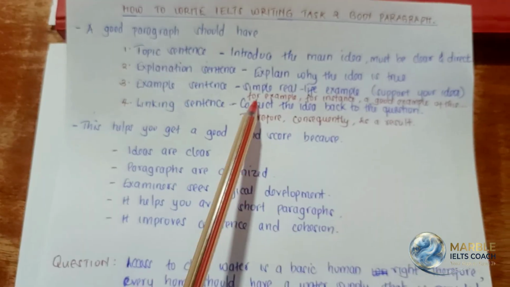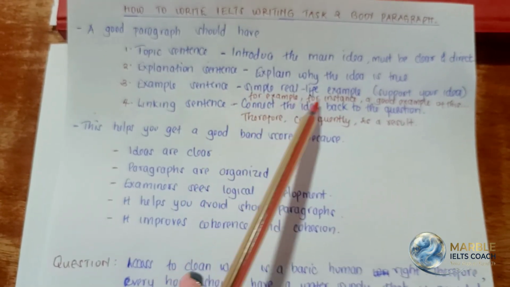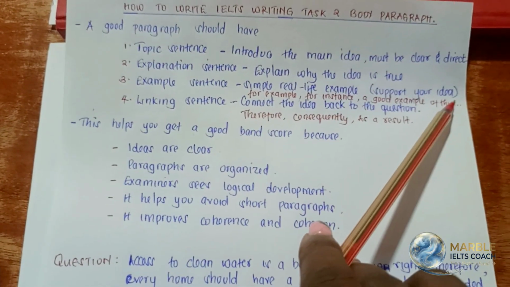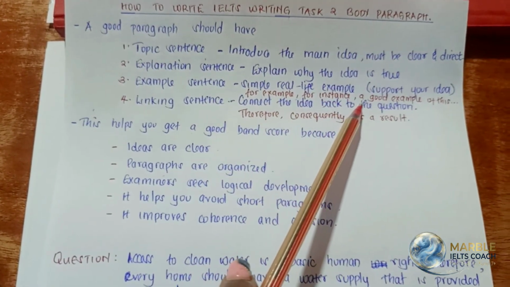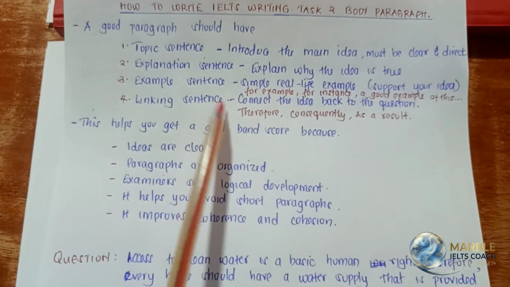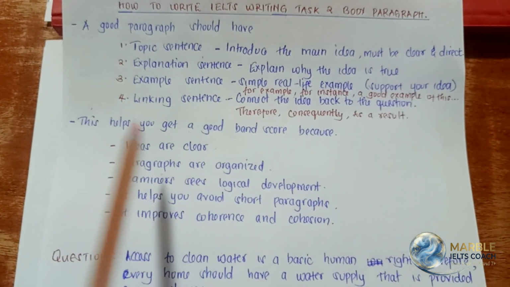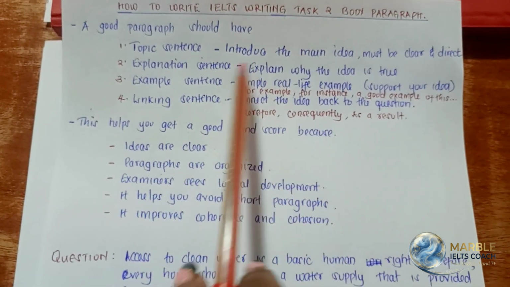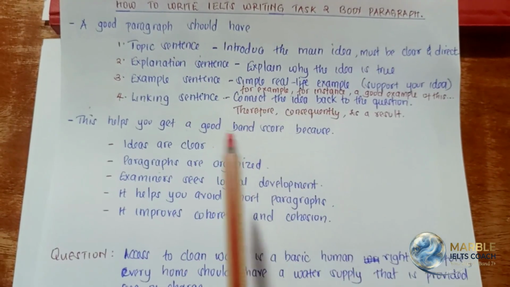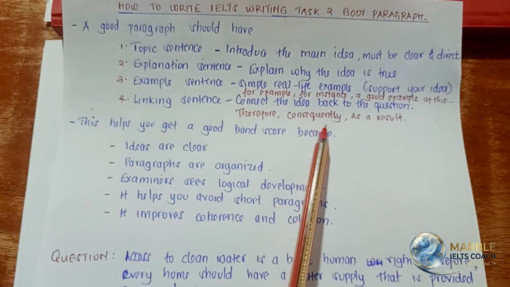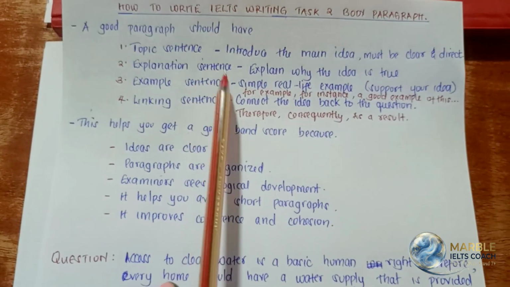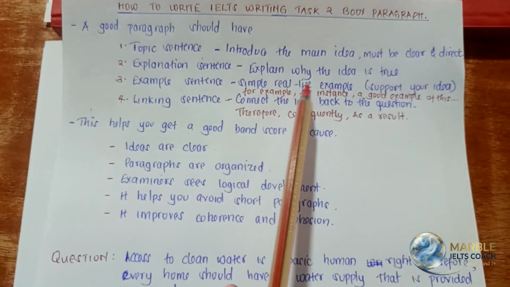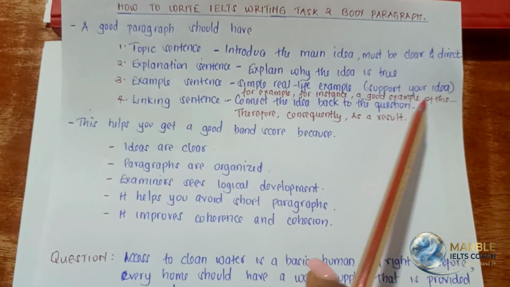This sentence should be used to support your idea by giving simple, real-life examples. And finally, the linking sentence. The linking sentence is used to connect the idea back to the question. You'll use words like therefore, consequently, as a result. For the example sentence, you'll use words like for example, for instance, a good example of this.